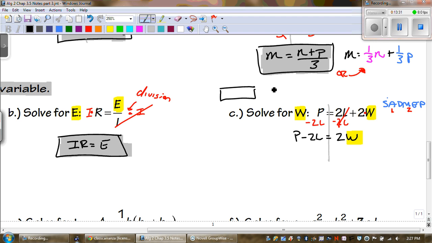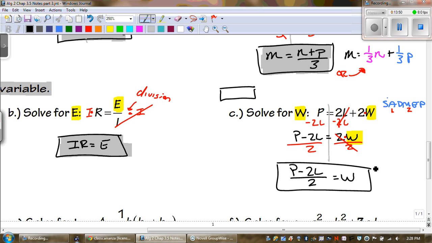Okay? Now, that W is not by itself because that 2 is over there. So we're going to divide everything by 2, and we would get P minus 2L over 2 equals W. Or if you're writing it the other way, you would end up getting W equals 1/2 P minus L. Sorry, that's really small.